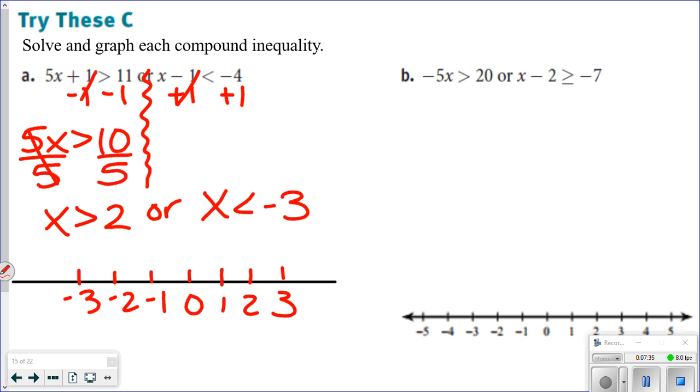So on my graph, we need an open circle at negative 3. Less than that, shades to the left. Open circle at 2. Shade to the right.